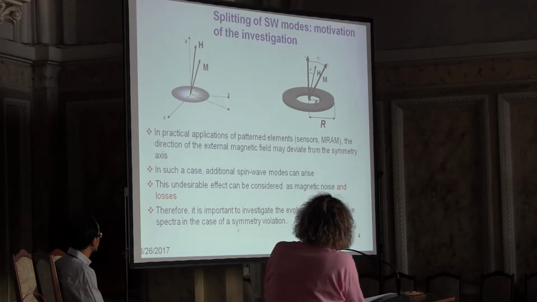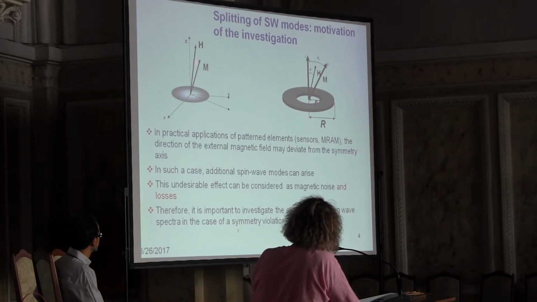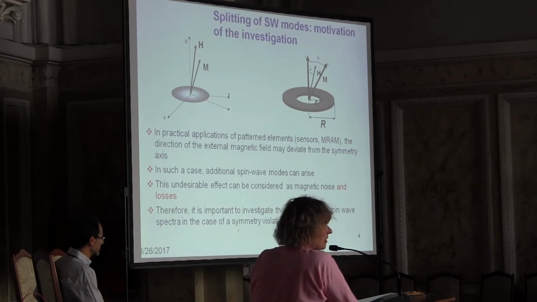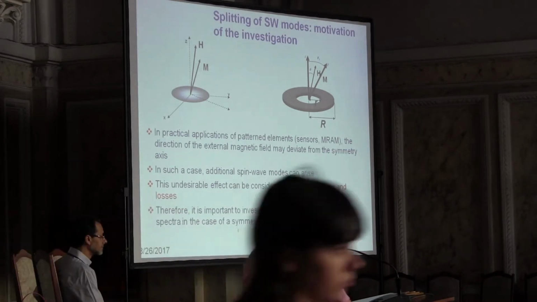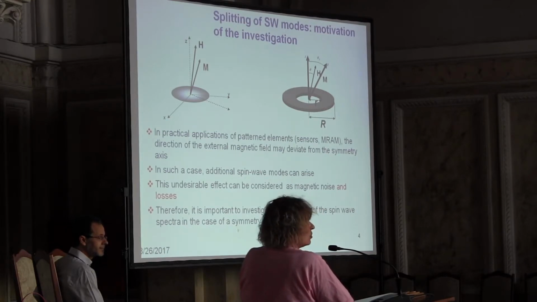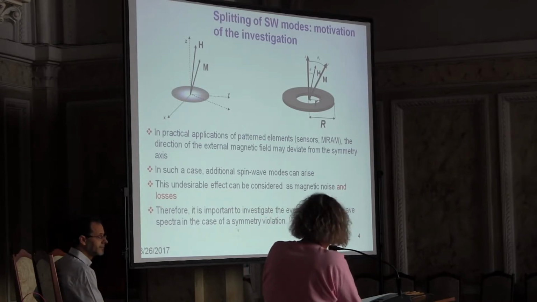So if there is some set of modes in perpendicular geometry, then when the magnetic field is canted from the perpendicular direction, these modes should split. And actually this is a very undesirable effect because it leads to magnetic noise and losses. So we should know how to recognize this and how to avoid this.